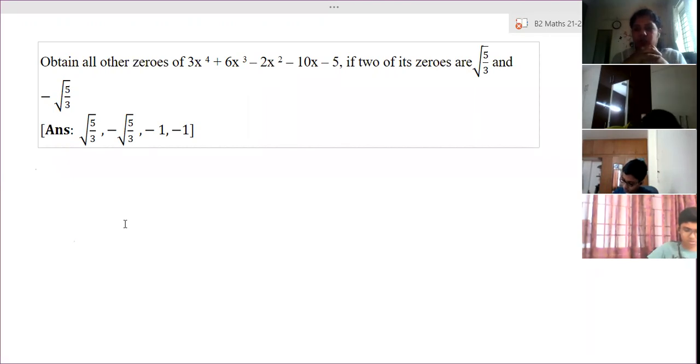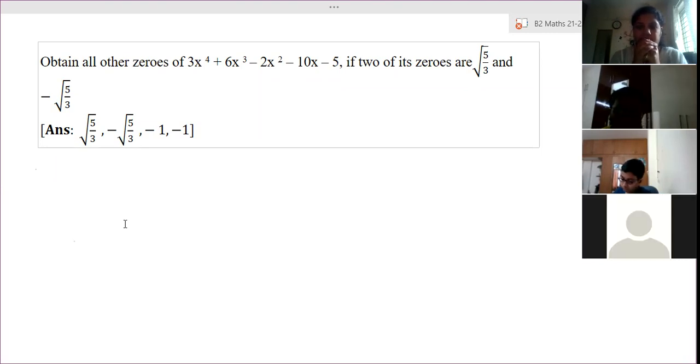So here, which polynomial are you supposed to divide by in this question? 3x square minus 5. What answer did we get for dividing? It is 3x square minus 5. Yes, right. 3x square minus 5.